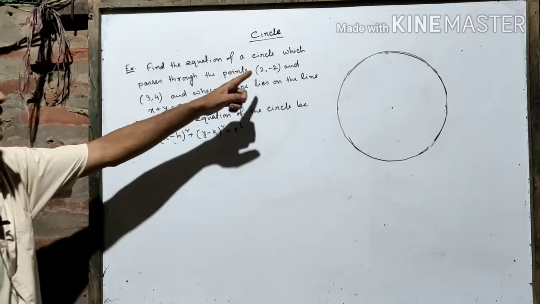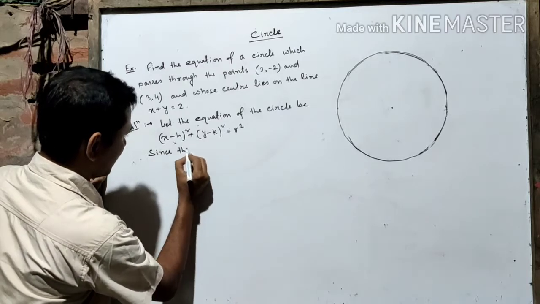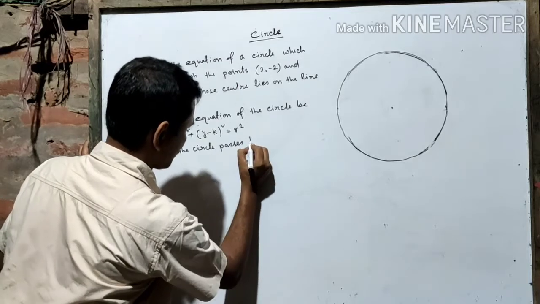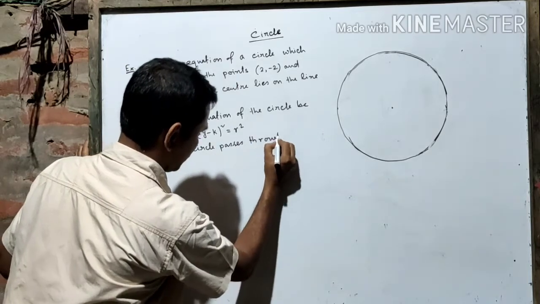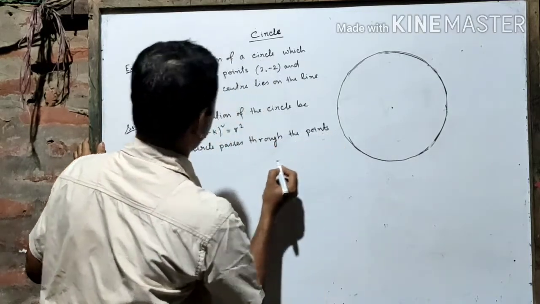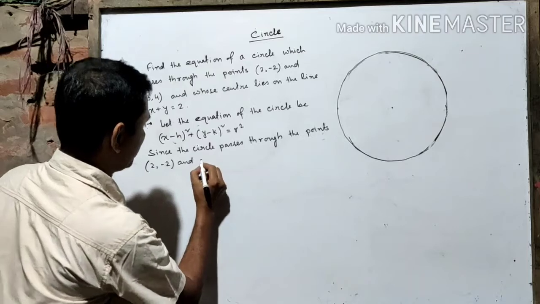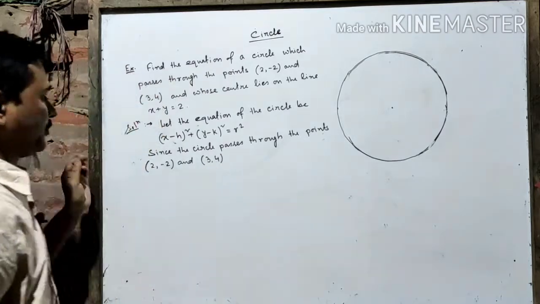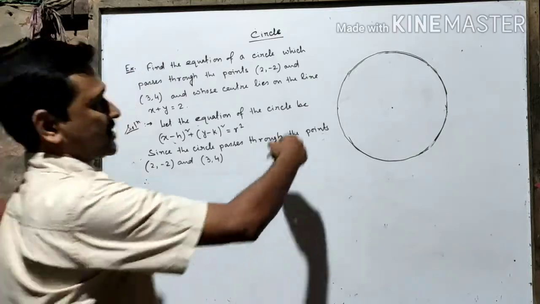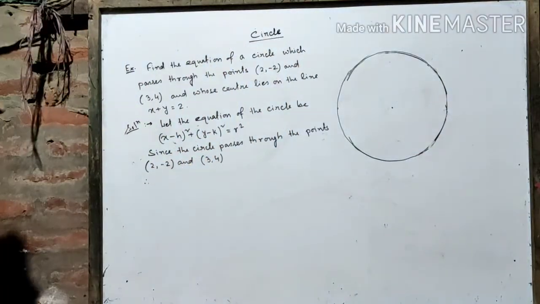First of all, we will use these two points. Since the circle passes through the points (2, −2) and (3, 4), these points lie on the circle, so these points will satisfy the equation of the circle.